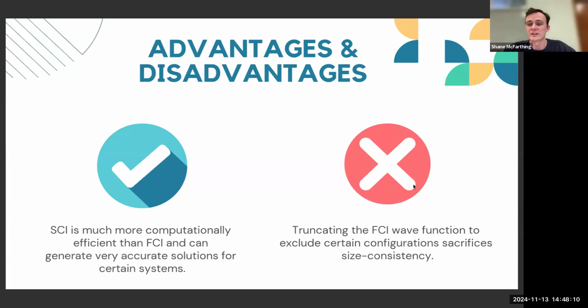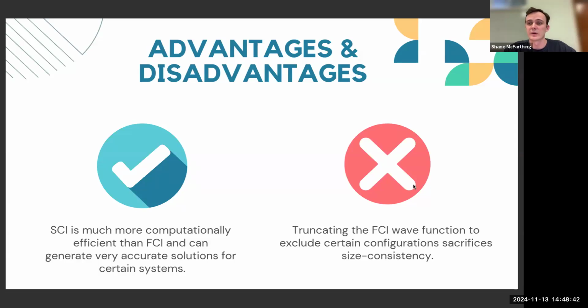I talked about using a subset of the configurations in our wave function, but we don't start off with a big wave function. We iteratively build it up from a low number of configurations. So we always have control over how big our wave function is, how much memory we are using, and what the computational resources of doing this diagonalization are. So we can control how many resources we're using at the expense of accuracy.